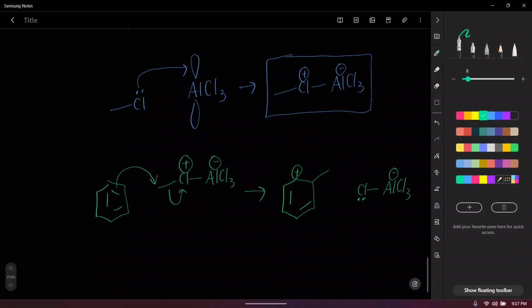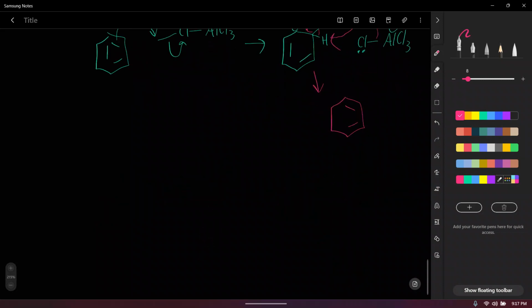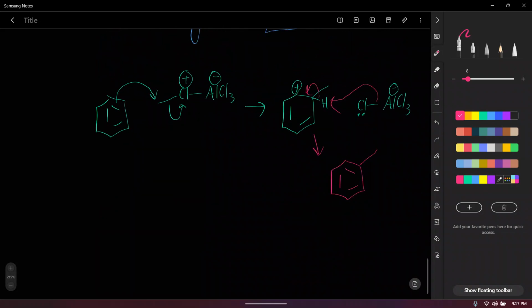Okay. And then the final step, of course, is that I am going to deprotonate to restore aromaticity. So that the final thing, okay, looks like that. Alright? Sound good? Okay, perfect.